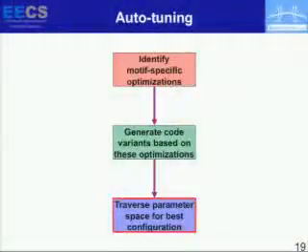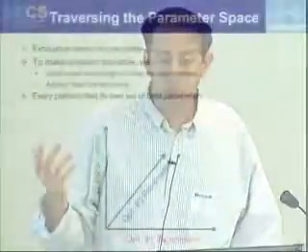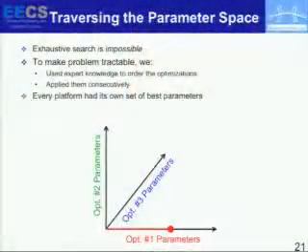So in terms of traversing the parameter space exposed by these optimizations, we produced this huge parameter space. What we did to make this problem a little bit more tractable is, as we applied each optimization, we fixed that value and used that for the next optimization. So in this case, if we have three optimizations, for optimization 1, we found the best value, we fixed it.